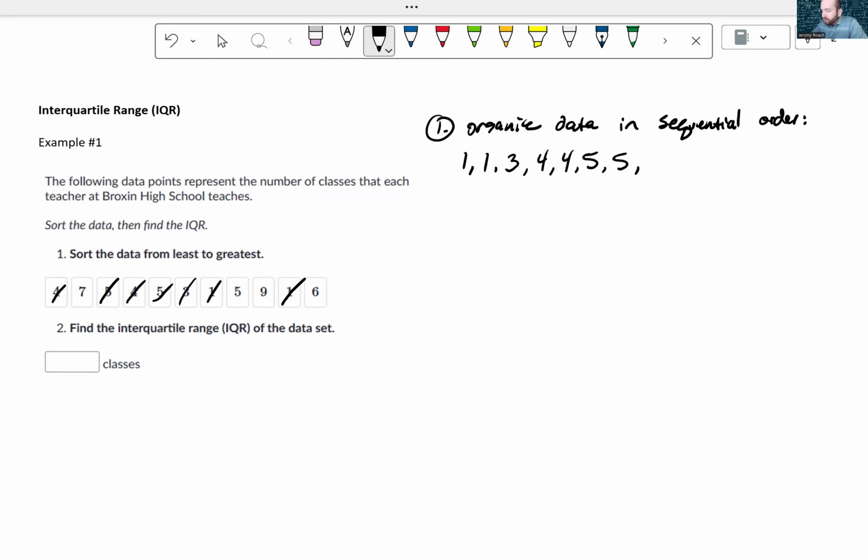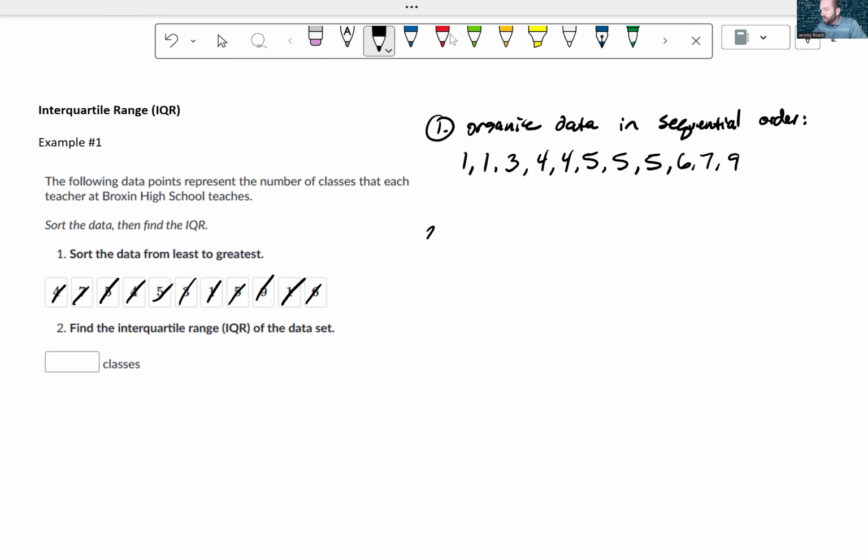And I'm not really going in exact order because this is just how I'm seeing these show up in my brain. 3 fives, 6, 7, and 9. Okay, so we're going to count how many points there are. There's 1, 2, 3, 4, 5, 6, 7, 8, 9, 10, 11. Just double checking our list.